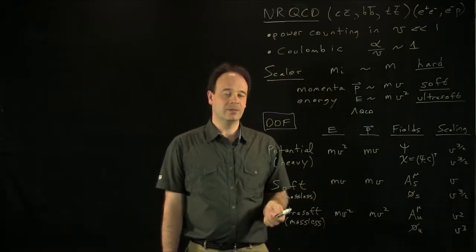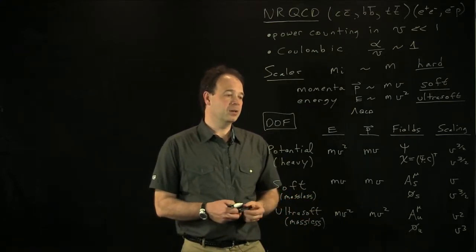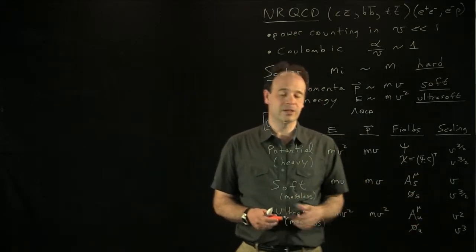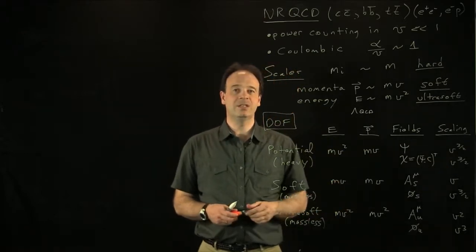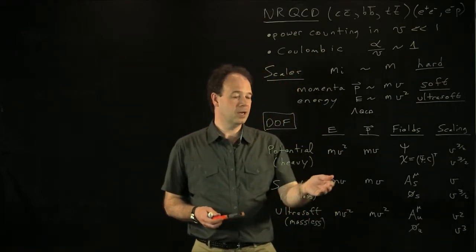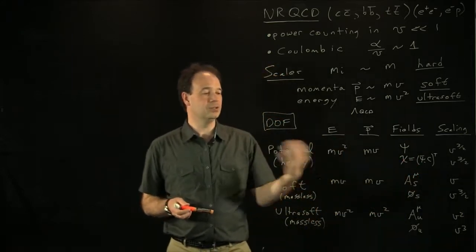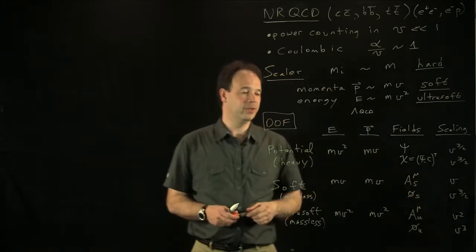It's a rather longer list than we've had in other effective field theories. And really, the heart of the matter here is that the physics of the ultrasoft and the soft sector are quite different. They have different power counting, and that's why we actually need distinct fields for them, even though it seems a little unnatural that we've divided up the gauge field into two different components. It's because physically these two different components are doing quite different things.